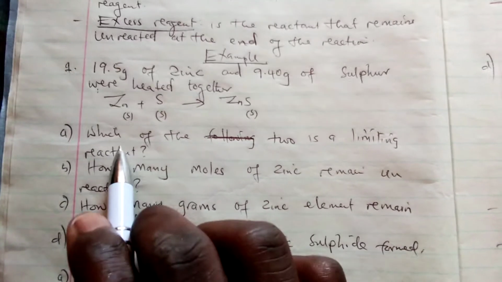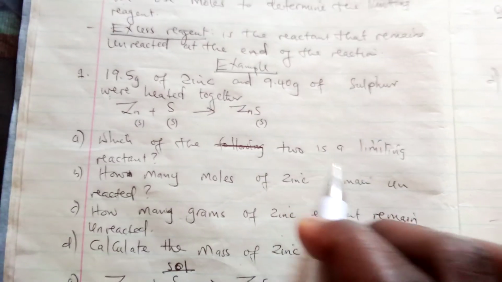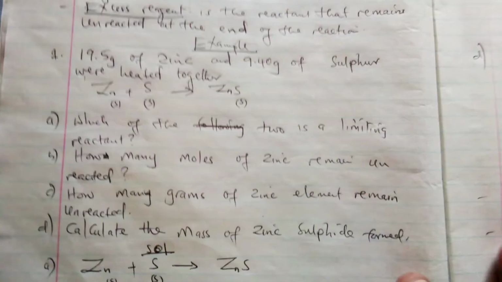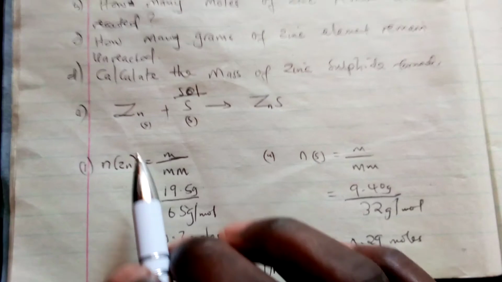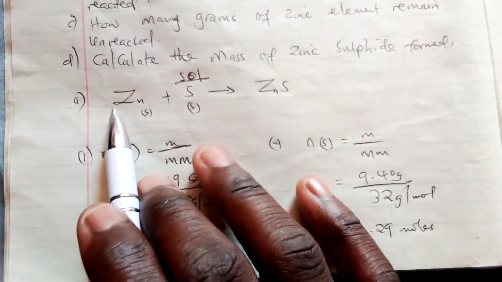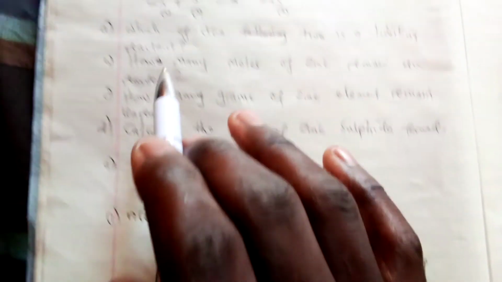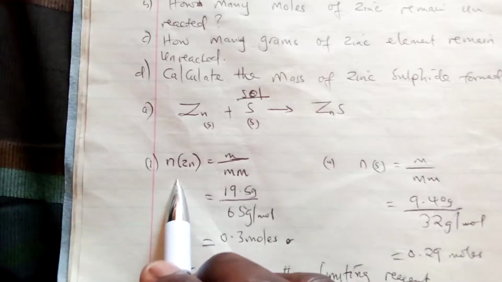The first question here is asking which of the two is the limiting reactant. Answering this question is very simple. You go to the equation and pick zinc. Zinc, what is the mass that you've been given? You were given 19.5. So now we are going to find the number of moles for zinc.